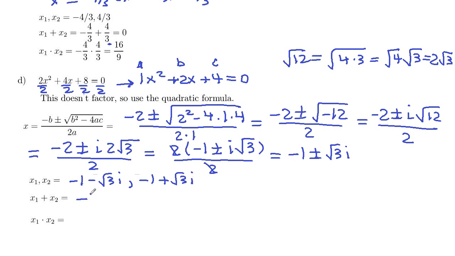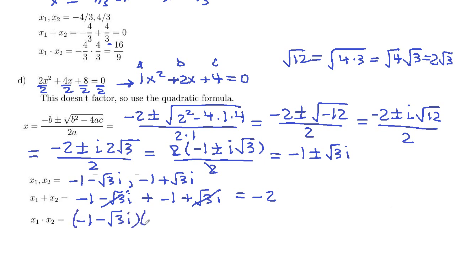Now we add them. Negative 1 minus root 3 times i plus negative 1 plus root 3 times i. So here we've got a negative root 3i, positive root 3i. They cancel out. Negative 1 plus negative 1, negative 2. And then multiply them. Negative 1 minus root 3i times negative 1 plus root 3i.